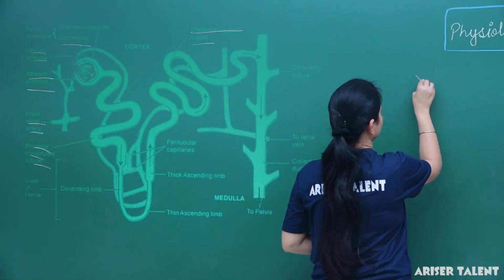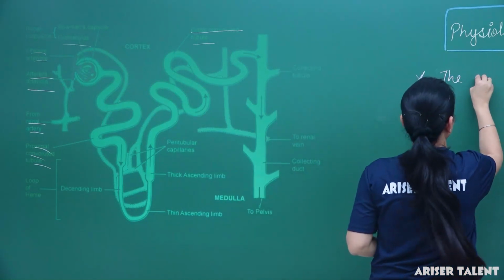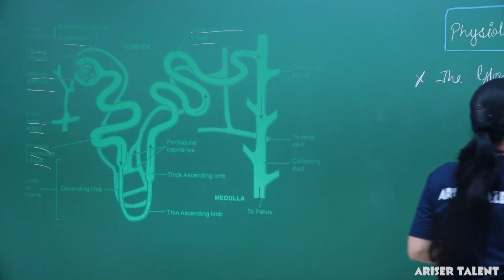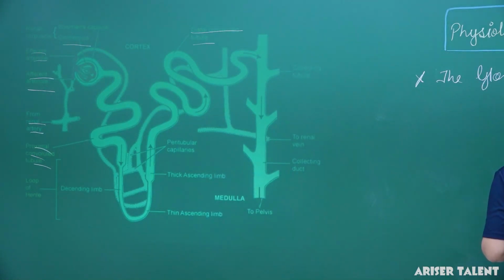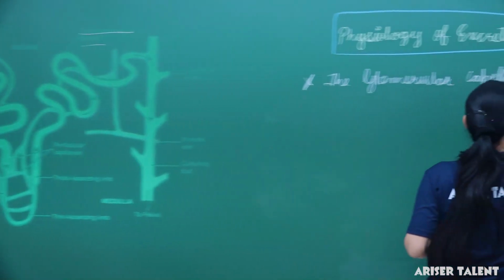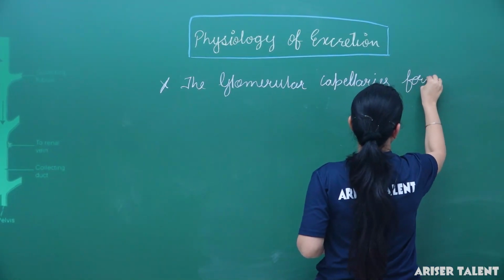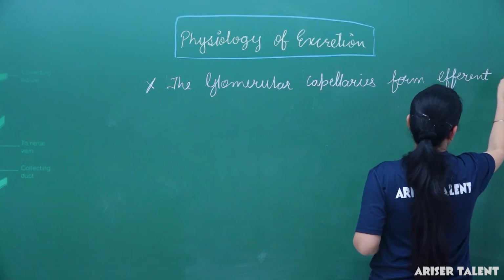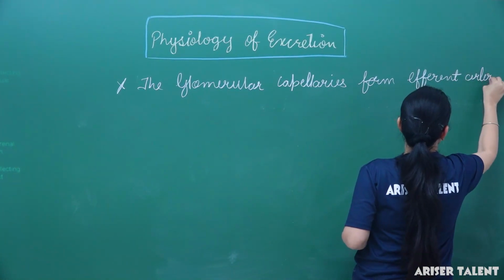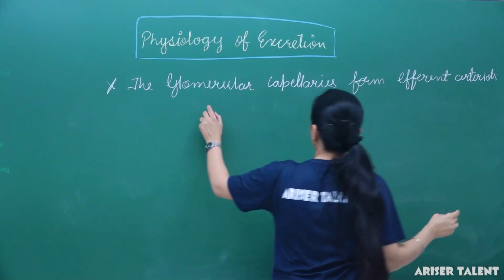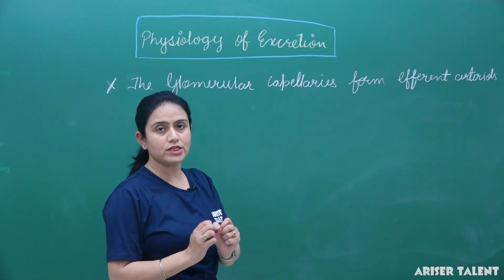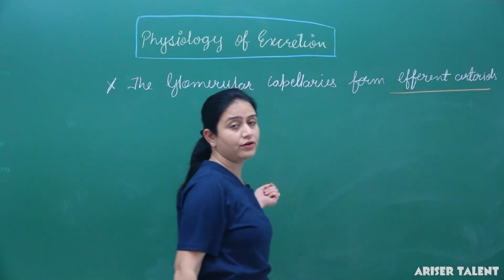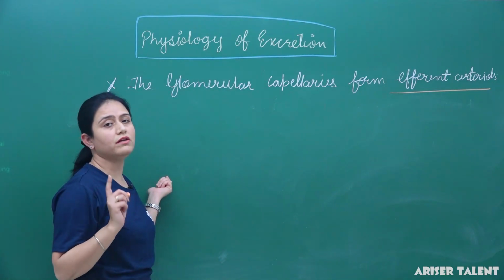Let me mention, the glomerular capillaries form efferent arterioles, which means the glomerular capillaries join together or unite together and then they form efferent arterioles. And these efferent arterioles form the network of capillaries around the renal tubule.